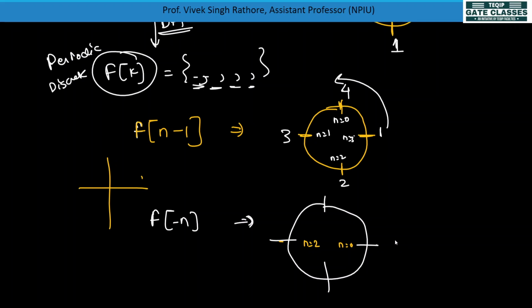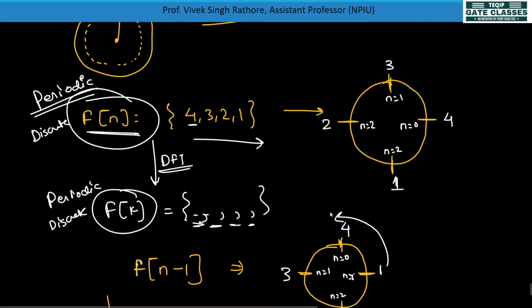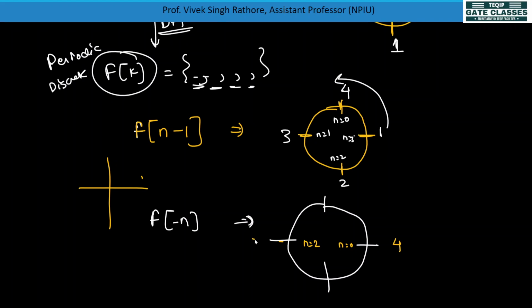So we'll have 4, 3, 2, 1. The 4 and 2 are the same only. Just flip it, top to bottom, bottom to top, like taking a mirror image, or water image. So here n equal to 1 will come here, and n equal to 3 will come here. So see, 4, 3, 2, 1 becomes 4, 3, 2, 1 mirrored.